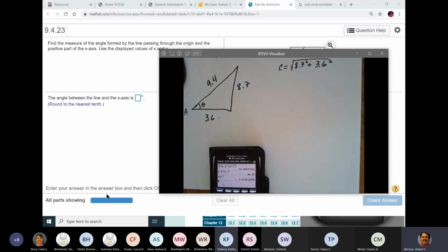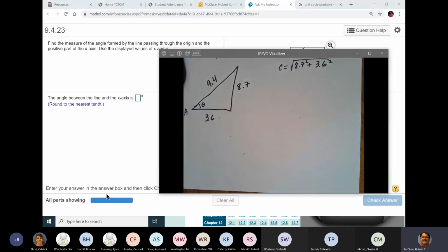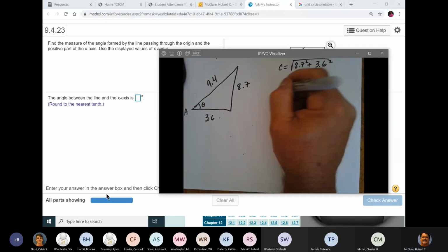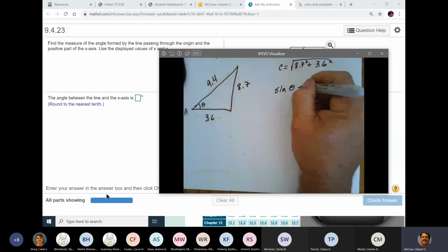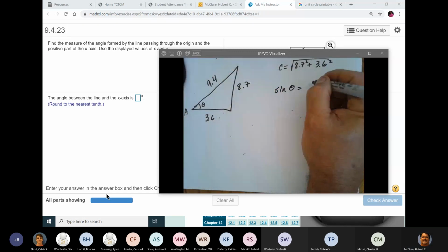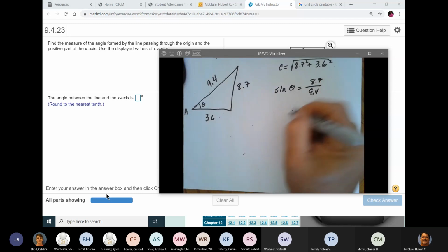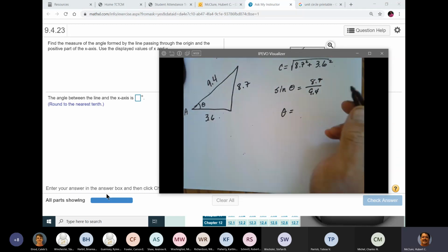I got that. Okay, now SOH: sine of theta is equal to opposite over hypotenuse. So theta is equal to the inverse sine. I'm going to divide 8.7 by 9.4, and take the inverse sine of that.